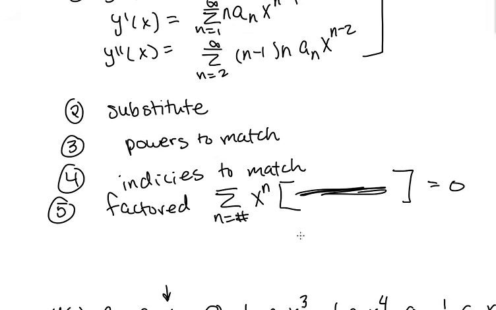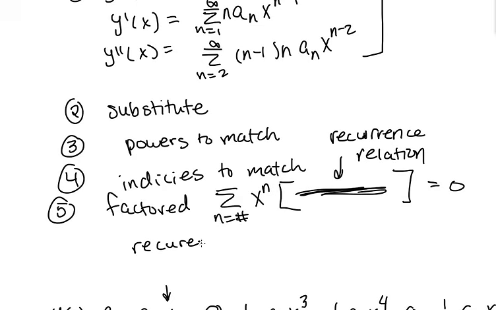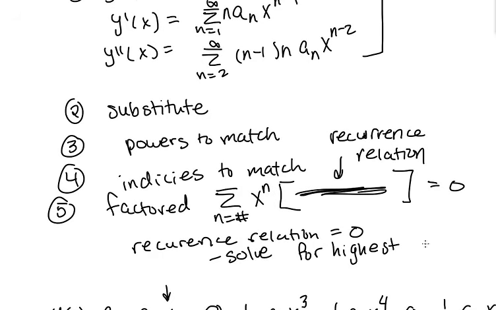And then we just solved for our recurrence relation. So in here was our recurrence relation. And when you get your recurrence relation, you set it equal to 0, and then you solve for the highest a sub n plus whatever number.